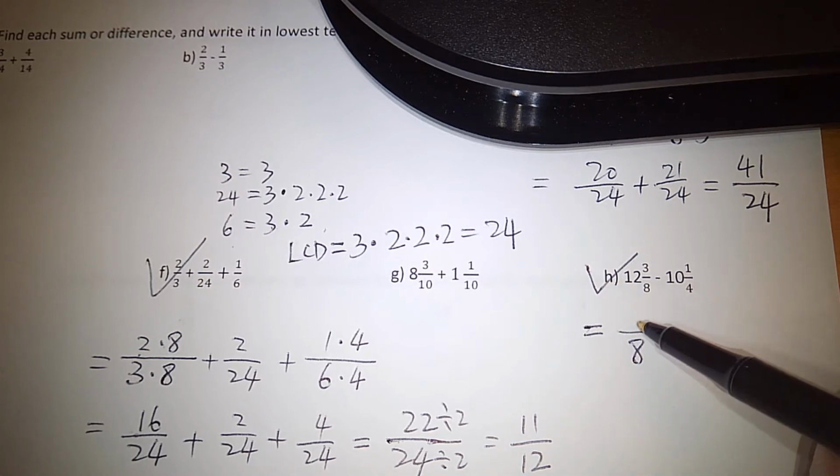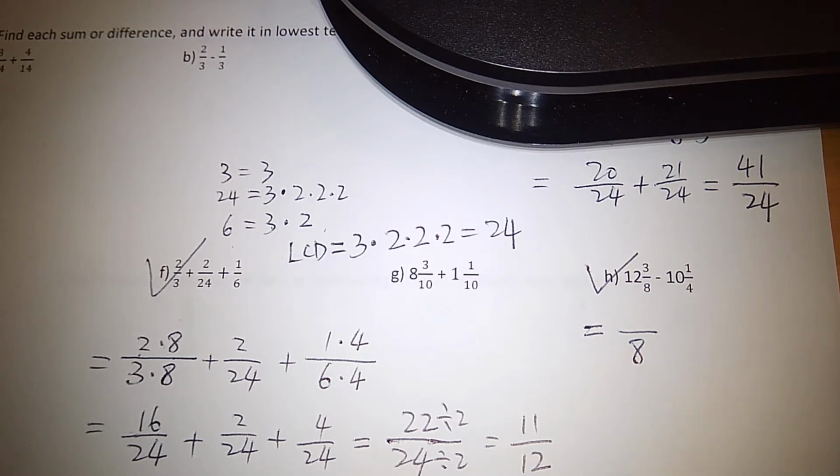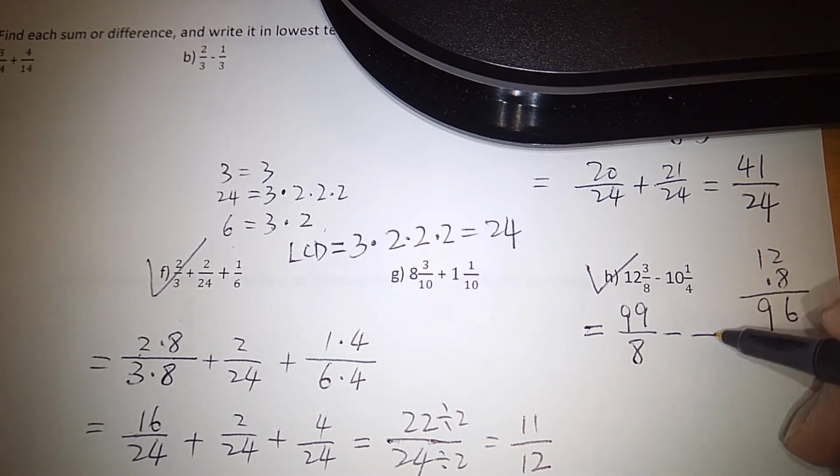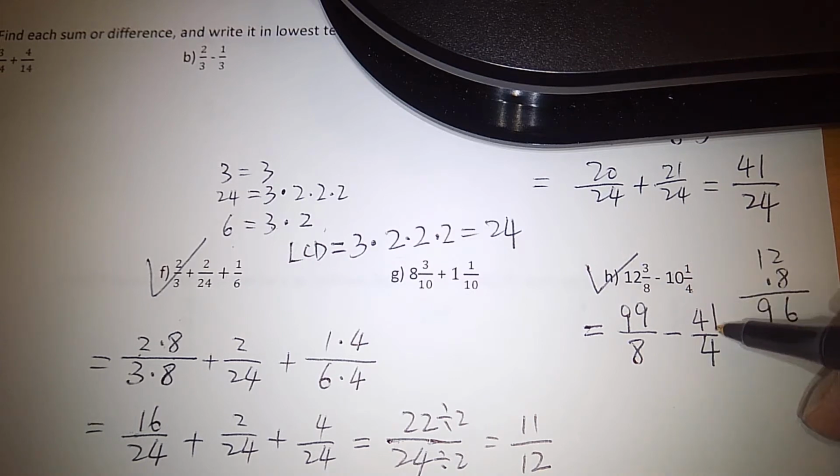The numerator should be what? 12 times 8 plus 3, right? 12 times 8, 96. 96 plus 3, 99. Minus, 10 times 4, 40 plus 1, 41.